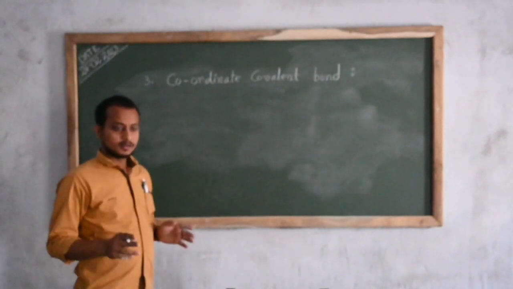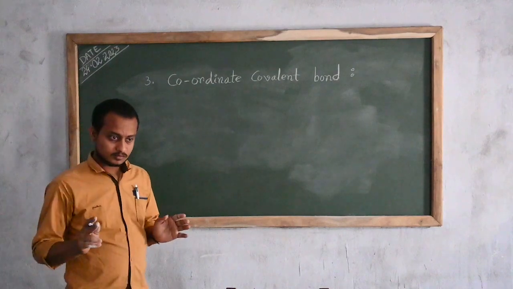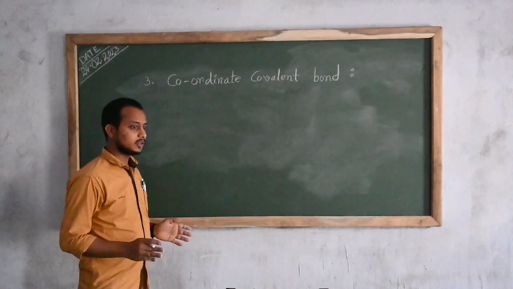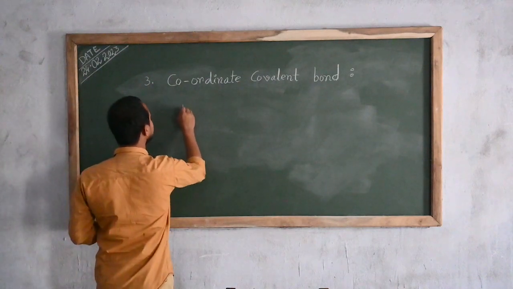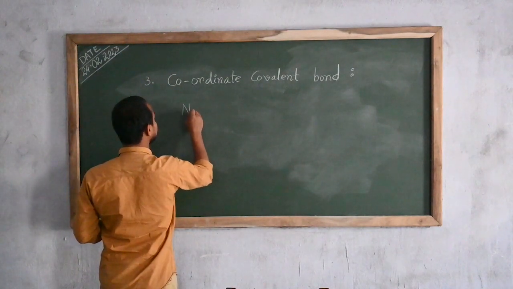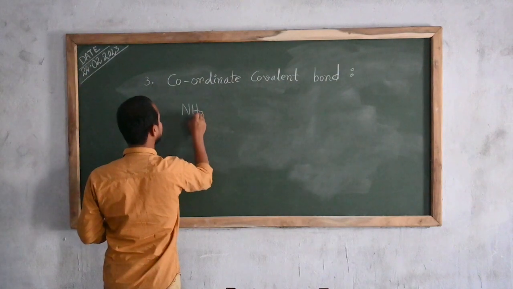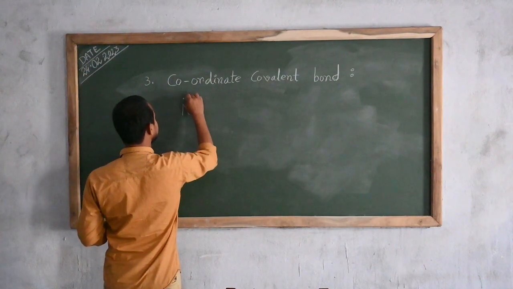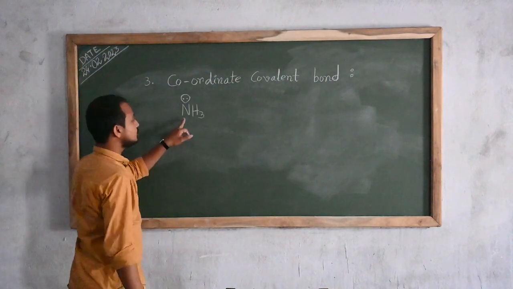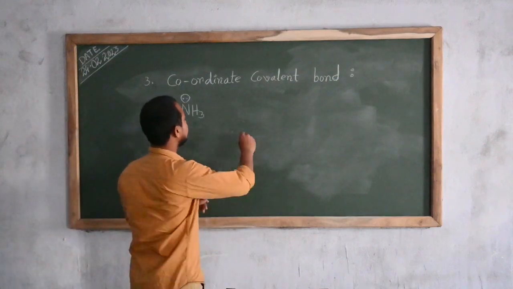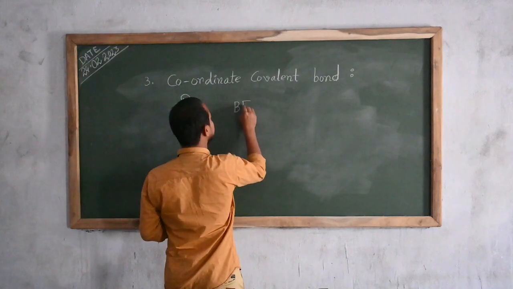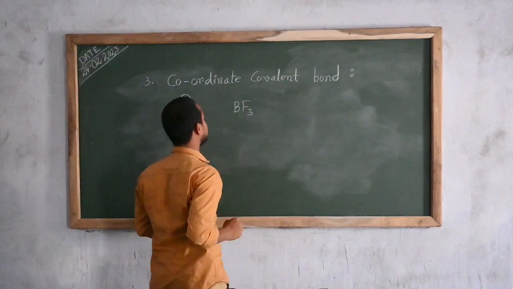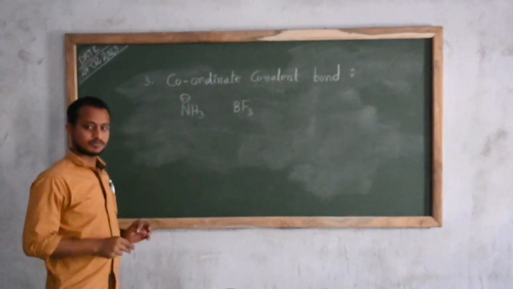By an example, we can understand what type of bond this is. This is the chemical formula of ammonia, NH3, and this is the chemical formula of boron trifluoride, BF3.